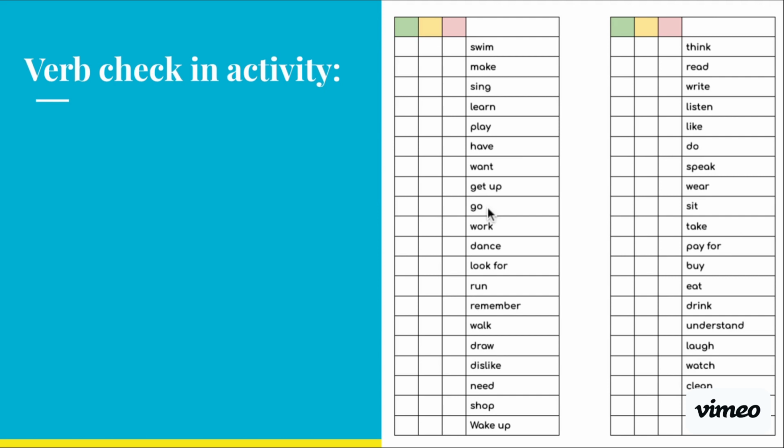Next word is go, work, dance, look for. Again, another phrasal verb. These two words together have their own verb meaning. We have so many of these in English. Next word is run, remember, walk, draw, dislike, need, shop, wake up.